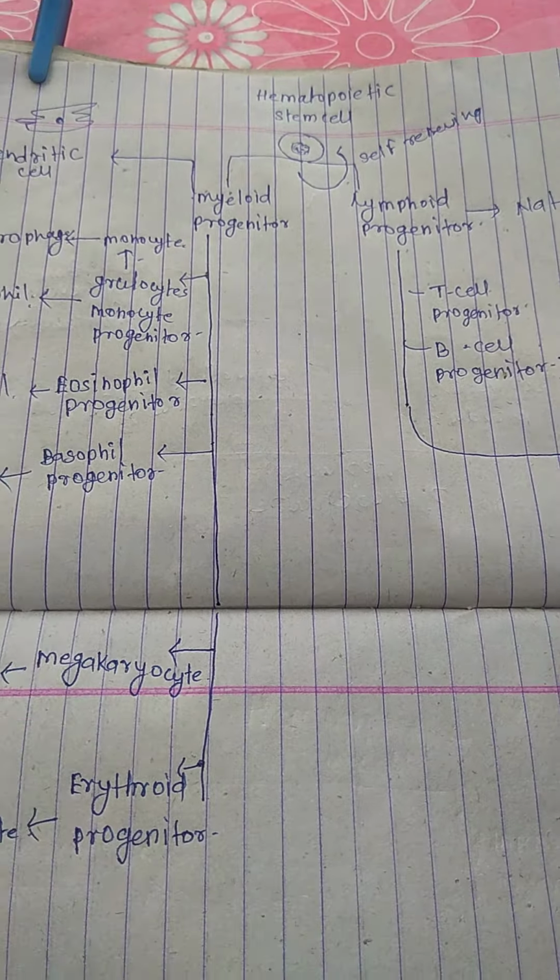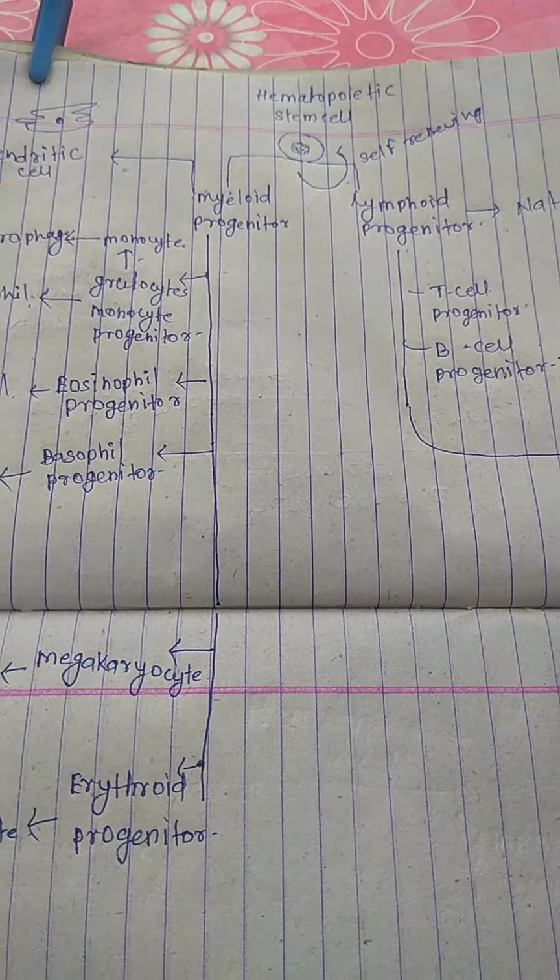The hematopoietic stem cells are of two types: myeloid progenitor and lymphoid progenitor. Myeloid progenitors we can further divide into granulocyte, monocyte progenitors.